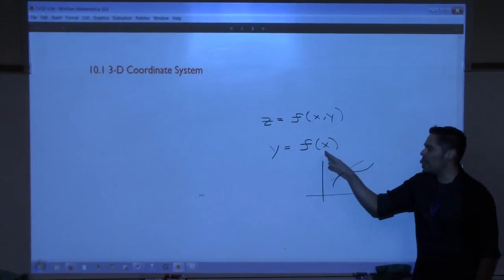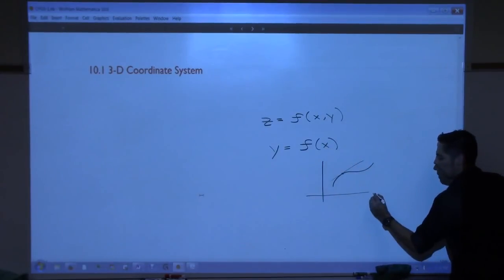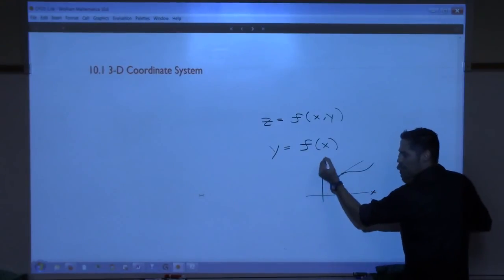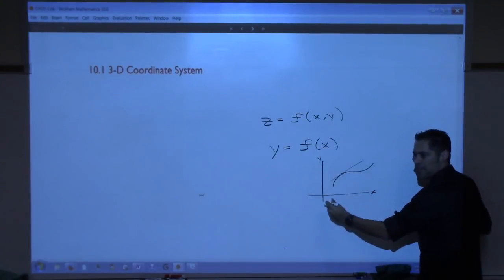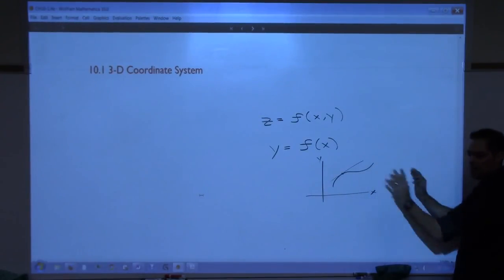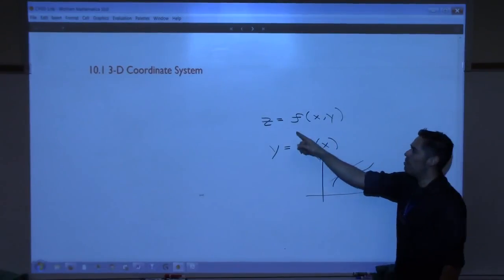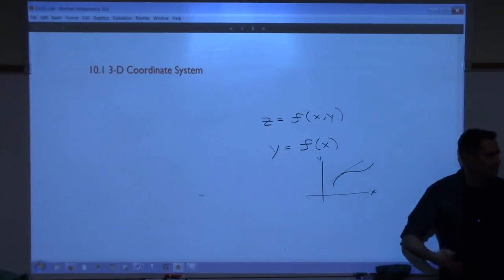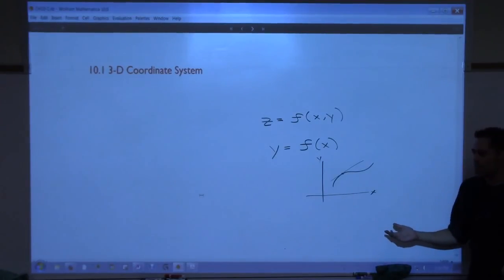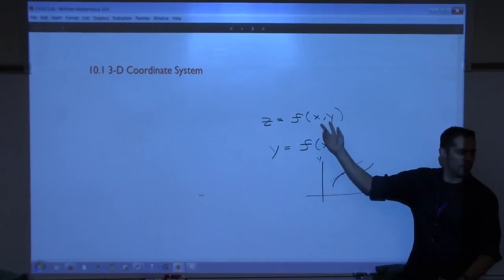Back in Cal 1 and 2, one input meant the x-axis was 1 dimension, and y was the output, so we have a second dimension, and we could represent the graph on that sheet, right? But if we have 2 inputs and 1 output, then that's going to require 3 dimensions for us to visualize, isn't it? Does that make sense? So now you have more than one variable calculus.